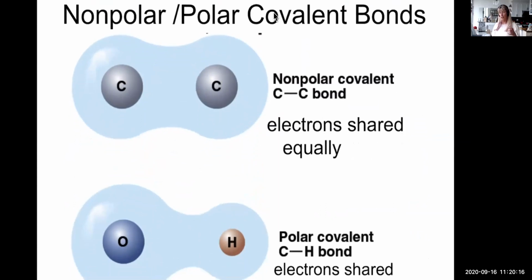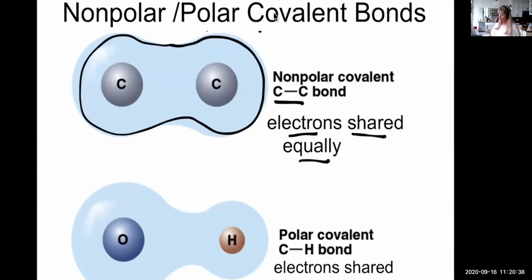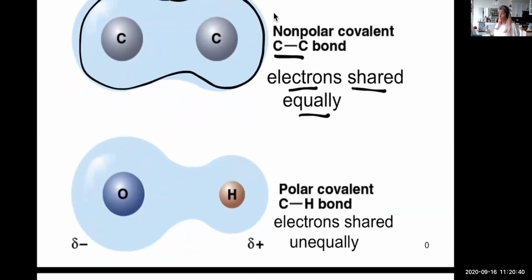We need to distinguish within covalent bonds whether or not they are polar or non-polar. So this is a carbon-carbon bond, non-polar. That means that the electrons are shared equally. This little cloud here shows there's an equal mass of electron sharing between the 2 atoms of carbon.